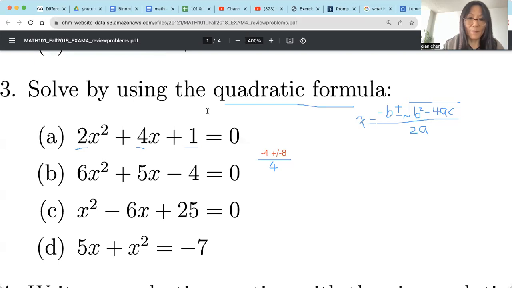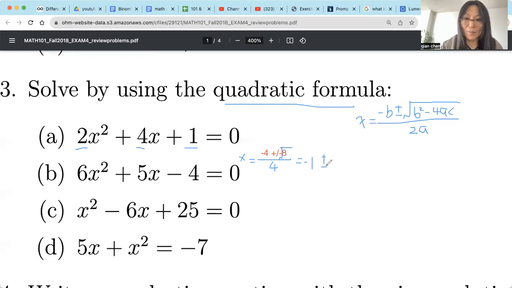Oh, hold on a second. I wrote 8 here. Square root of 8, right? So what do I get? So this is my value for x. x equals this. Negative 4 divided by 4, I get negative 1. Then plus or minus, two values.